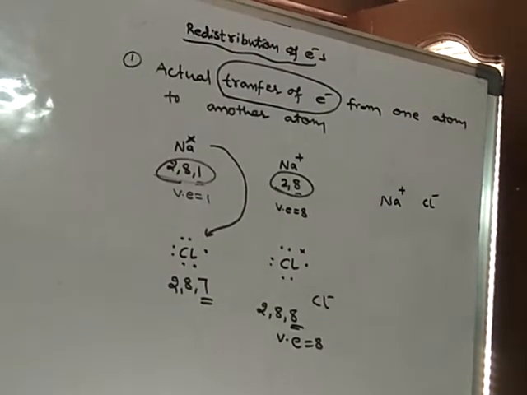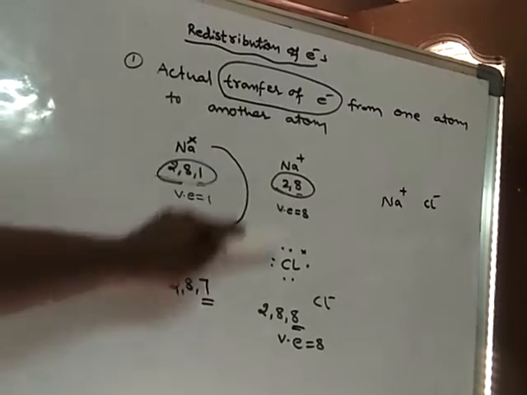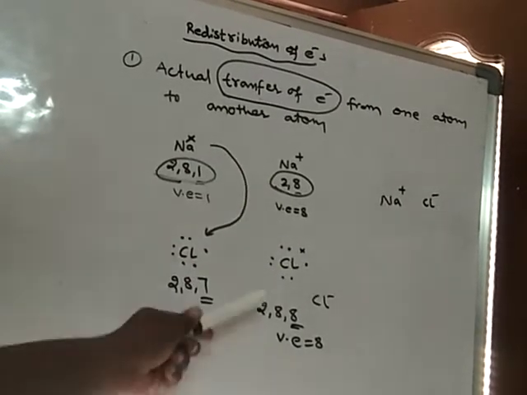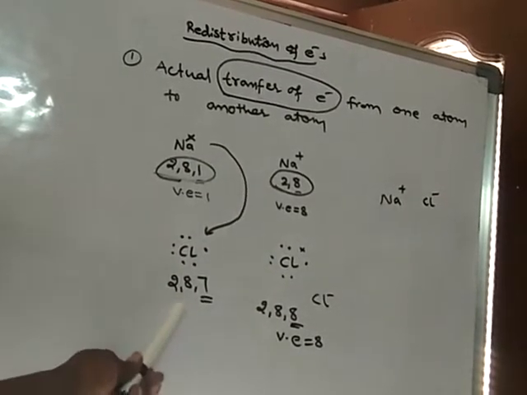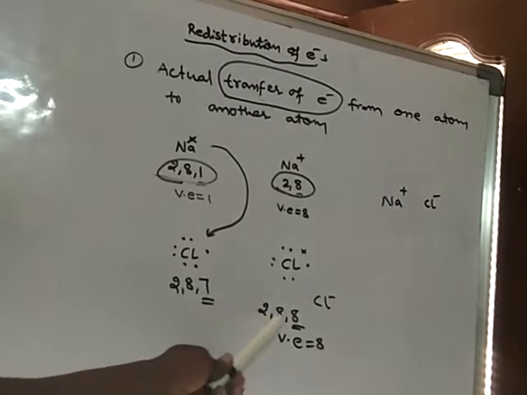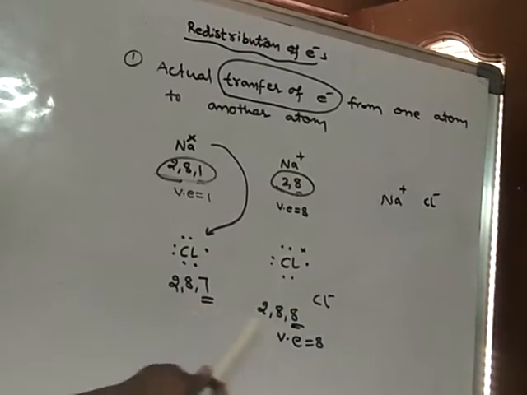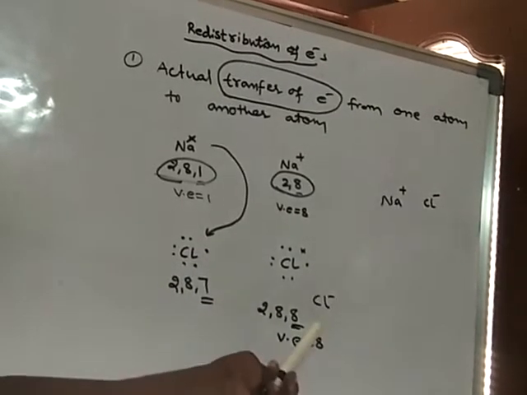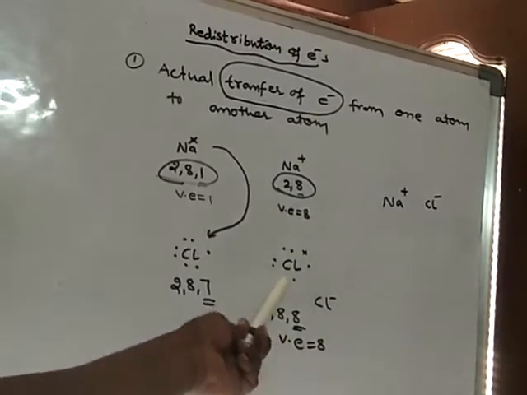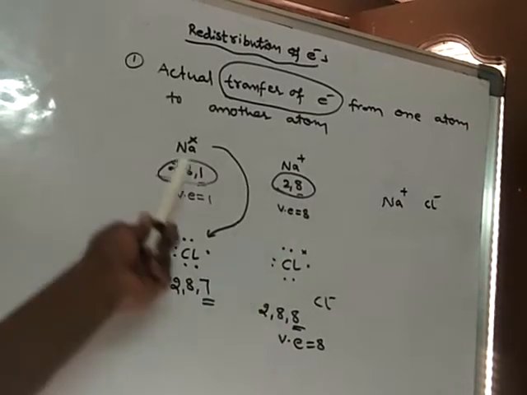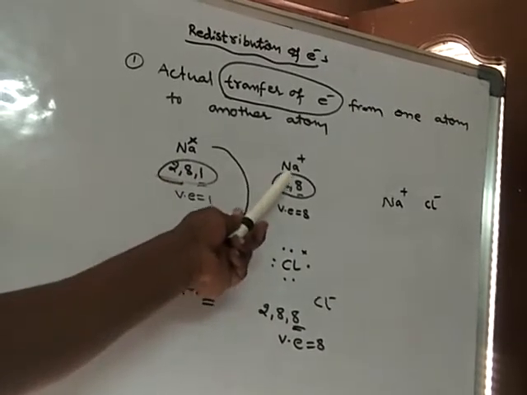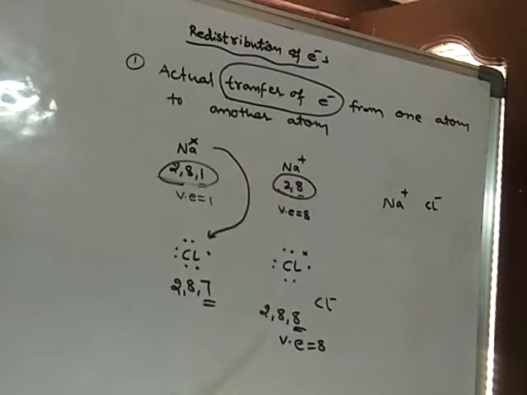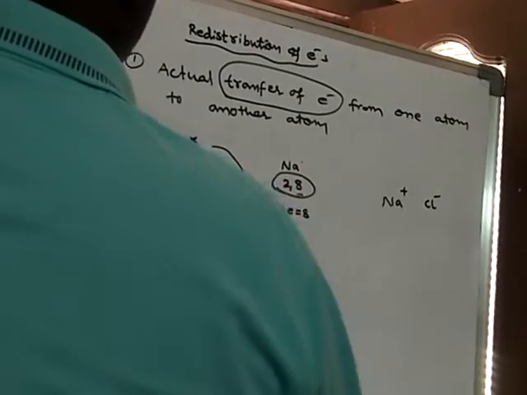This is about chlorine: 2, 8, 7 has been converted to 2, 8, 8. So rearrangement of electrons has taken place, and chlorine is converted to Cl minus. Its Lewis symbol is written like this, and the Na plus symbol, where this is the positive charge.